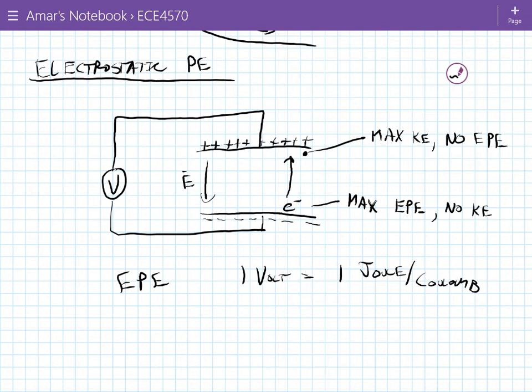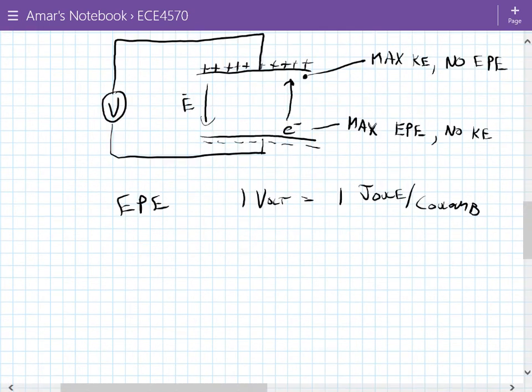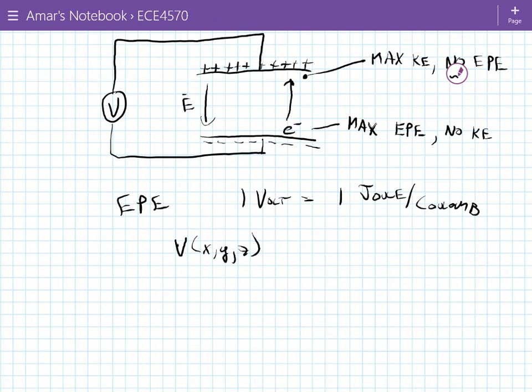The highest electrostatic potential is going to be near the bottom plate, and it's going to decrease linearly as we go to the top plate. So it's a 3-dimensional function. So this V is a function of x, y, and z.